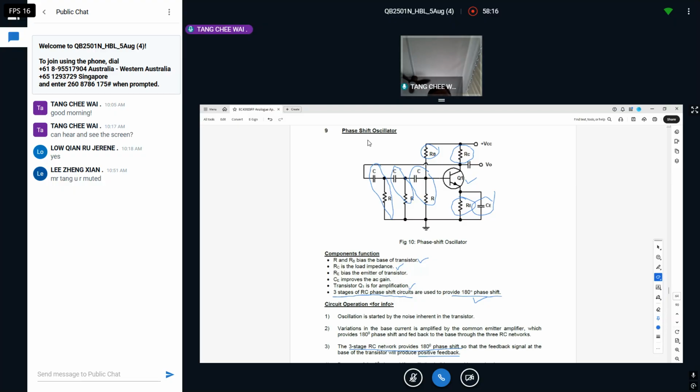Or I rephrase it. The three stages give you a total of 180 degrees of phase shift. Then I want to know one stage, how many degrees phase shift will you get? Anybody? Zhen Xian, you want to try?